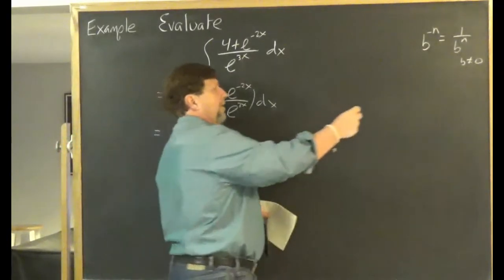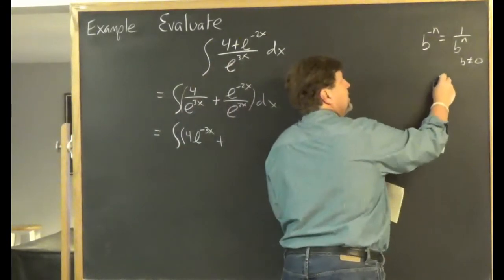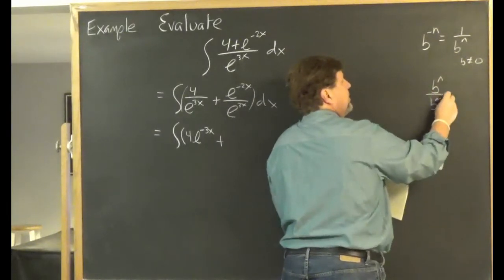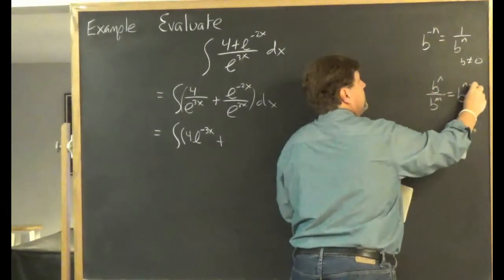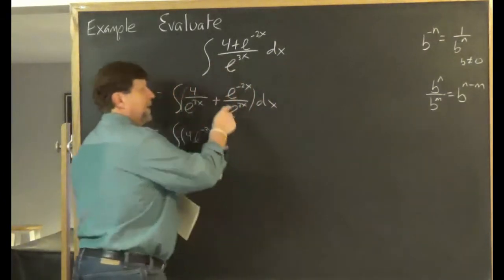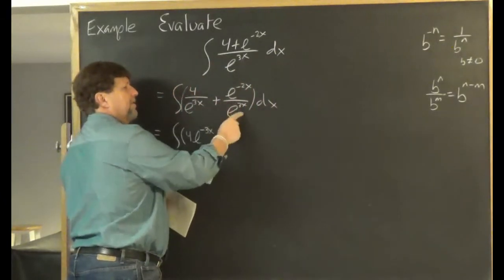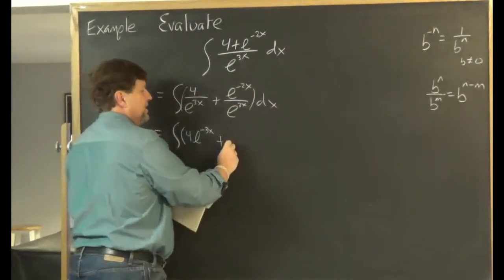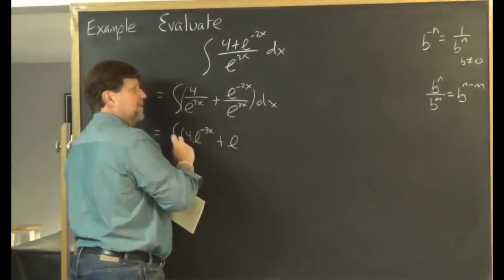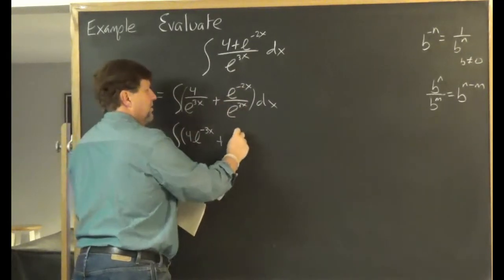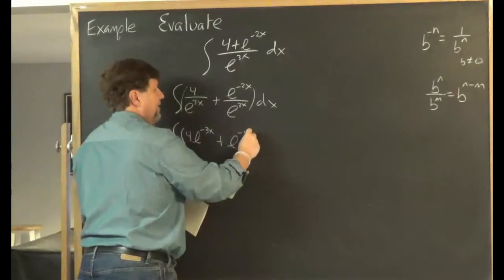There's another old rule of exponents: when the bases are the same and you're dividing, you subtract the exponents. So negative 2x minus 3x is negative 5x.